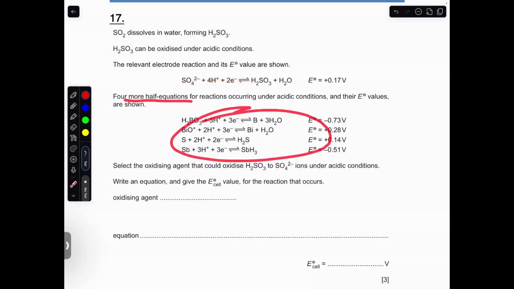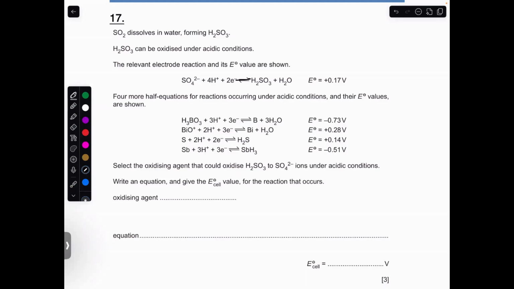Four more equations are given. Select the oxidizing agent that can oxidize H2SO3 to SO4.